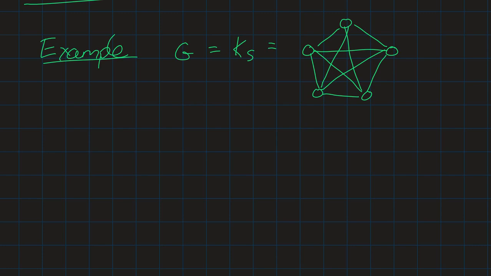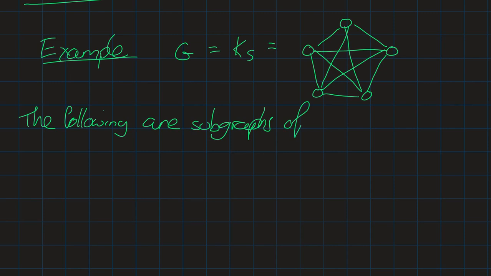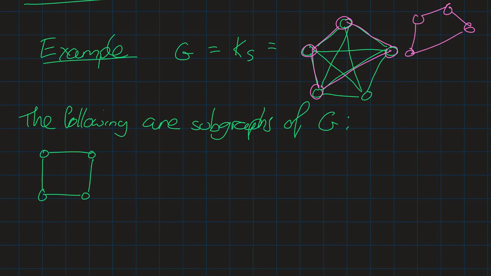And I say the following are subgraphs of G. So I could take the square. There's probably lots of different ways the square is a subgraph, but we just need to find one. So for example, I could take that, and if you redraw this, you get this, which is a square. So the square is a subgraph.